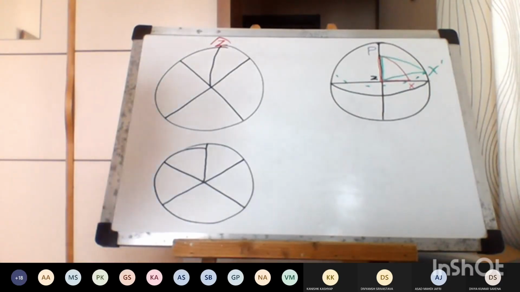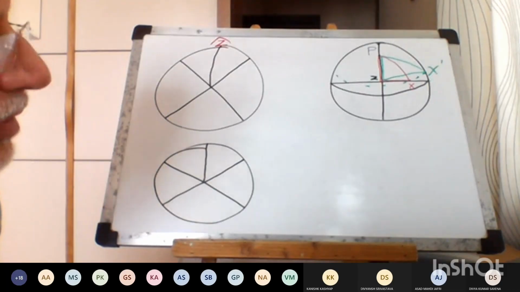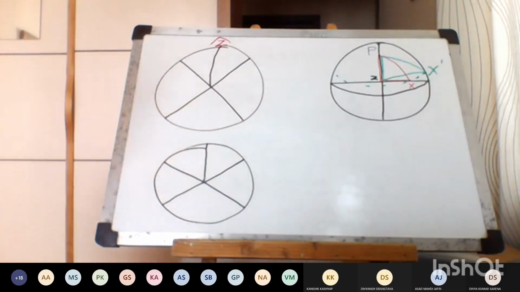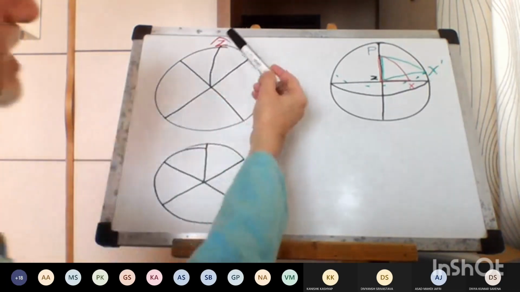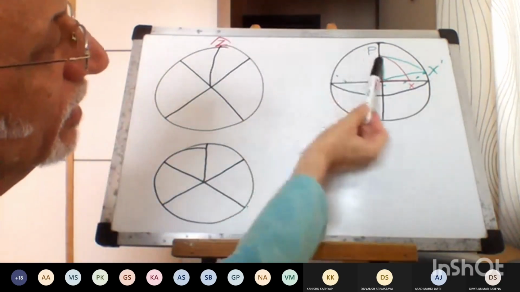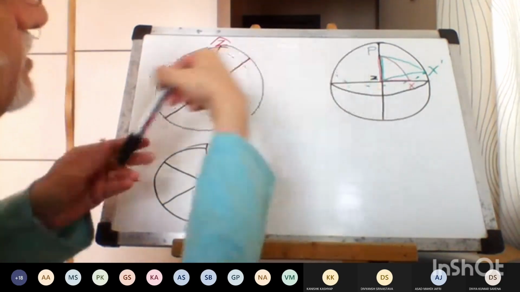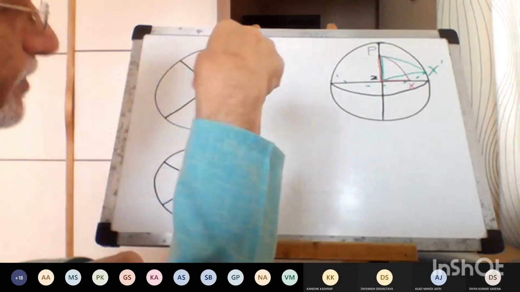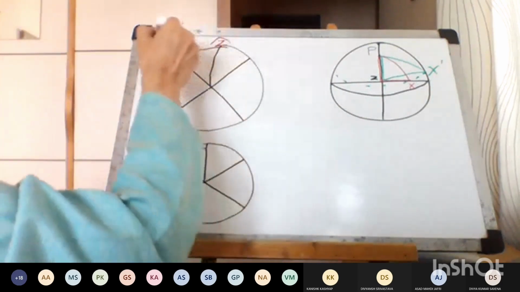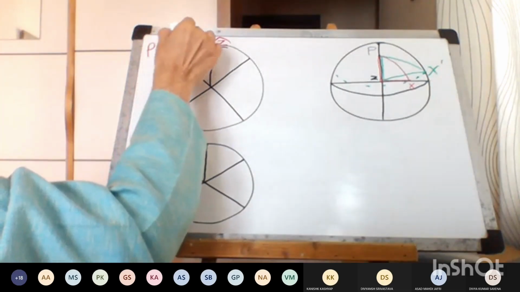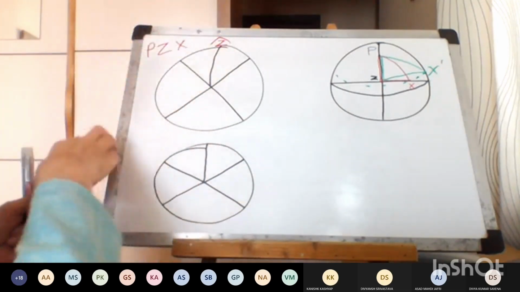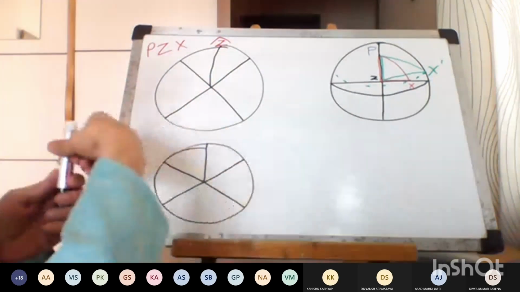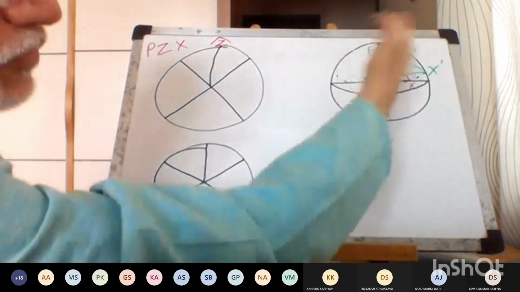After that, we will go in one direction, either clockwise or anti-clockwise, and we will go angle, side, angle, side, angle, side. So Z is the angle in the triangle PZX. What comes after Z? Let us go clockwise.